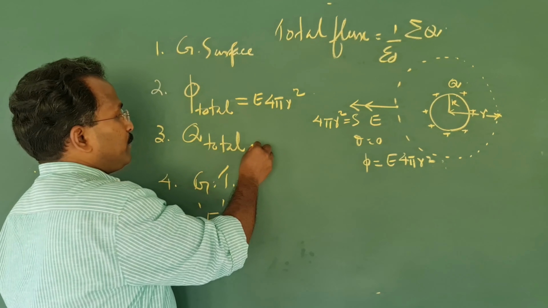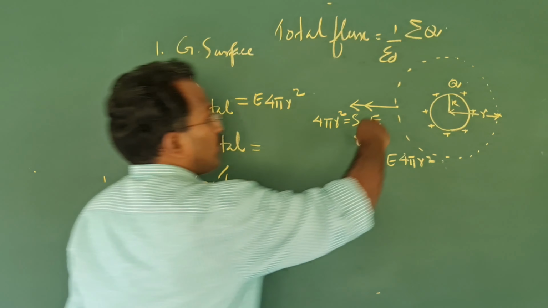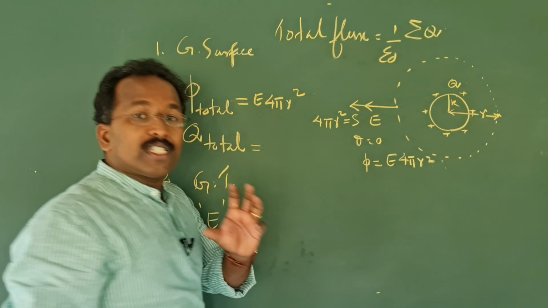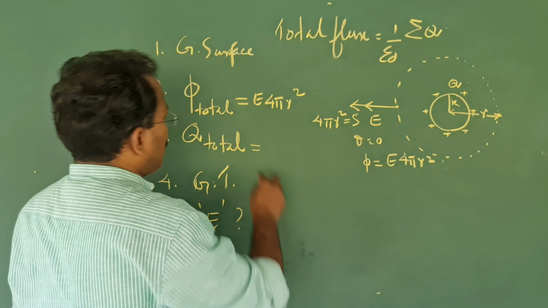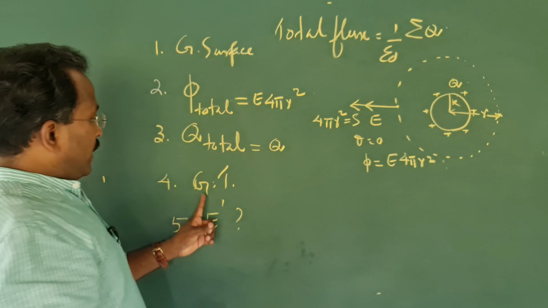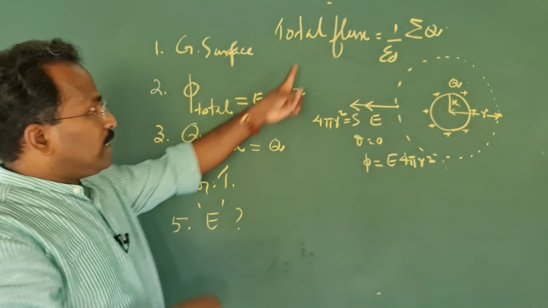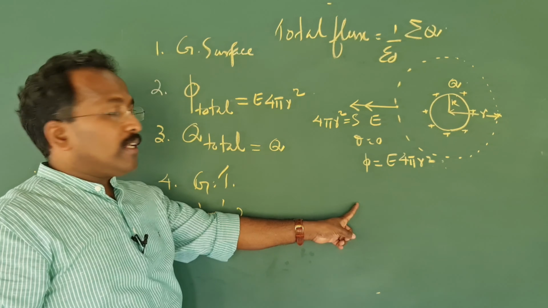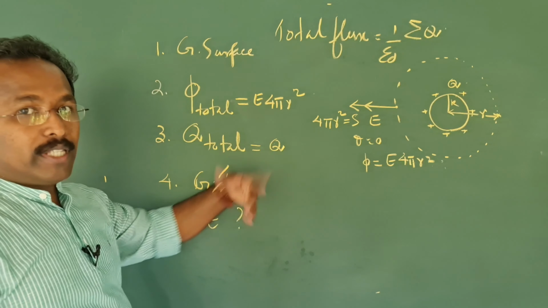And the third step, the total charge. This Gaussian surface encloses the whole charge on the shell, so it is Q. Now I have to write the Gauss theorem equation and apply what all things I got there.